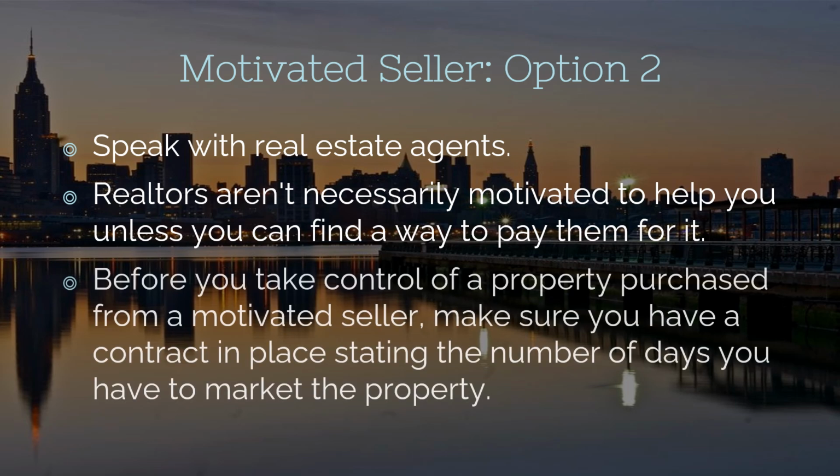Before you take control of a property purchased from a motivated seller, make sure you have a contract in place that gives you 30 or 60 days, whatever the number of days, to market the property. So there you have it, how to buy a lease option property from a motivated seller.